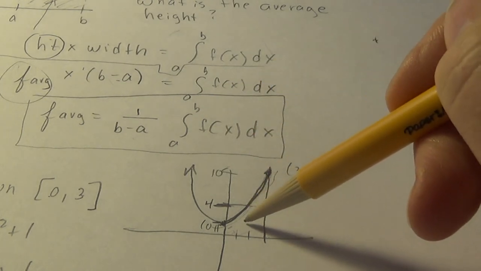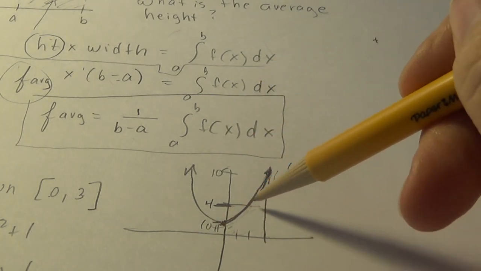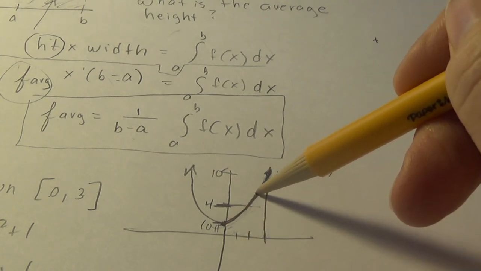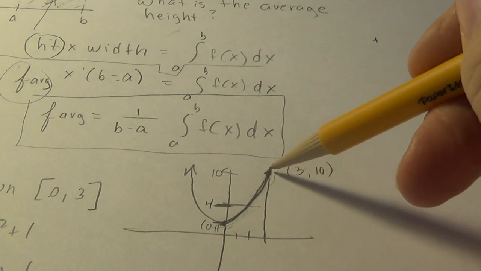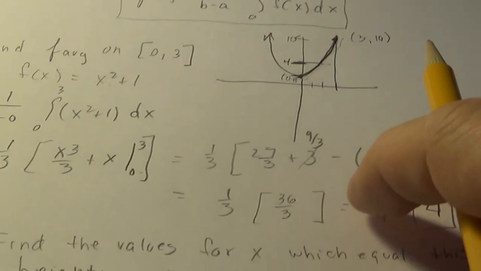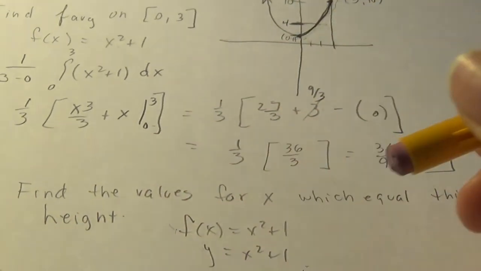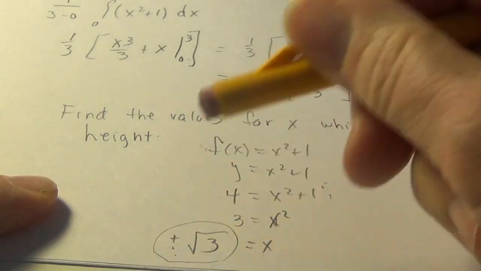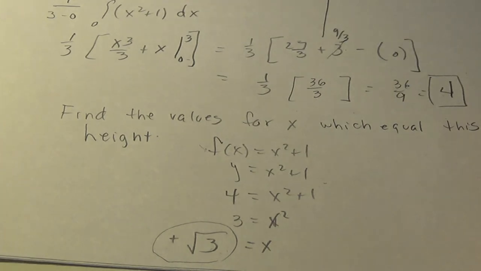Could the negative square root of 3 be included in our answer? And no, it cannot, because we have only identified x's from 0 to 3. So therefore, we can drop the negative one. And we only have the positive square root of 3 to answer that question.